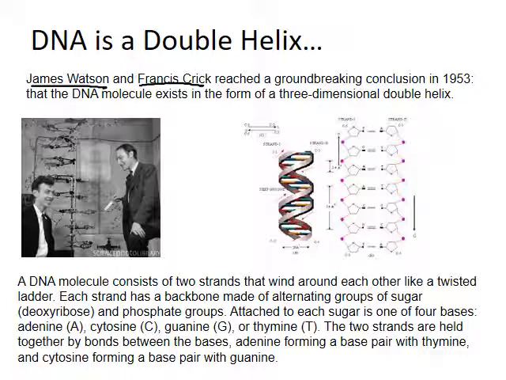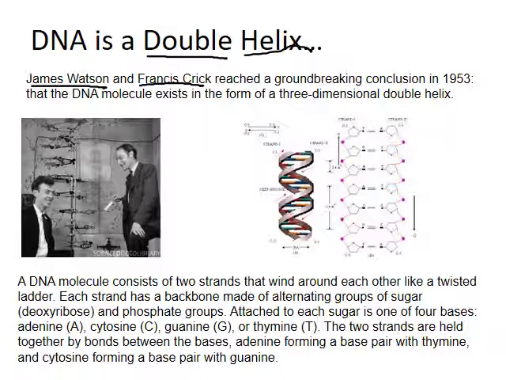So double meaning 2 strands, helix meaning it winds up into this helical sort of shape. So these guys were the scientists that made this conclusion that DNA was a molecule that had this particular shape. And the reason DNA has this shape is from the way the 2 strands bond and interact with each other.